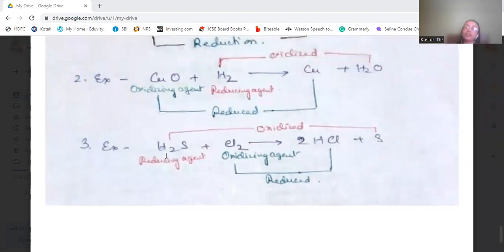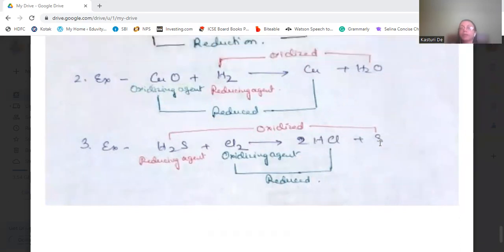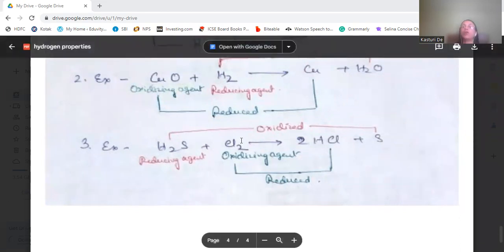Then hydrogen sulfide is a reducing agent. It will be oxidized to sulfur; it will take away the hydrogen from sulfur. And chlorine is an oxidizing agent.